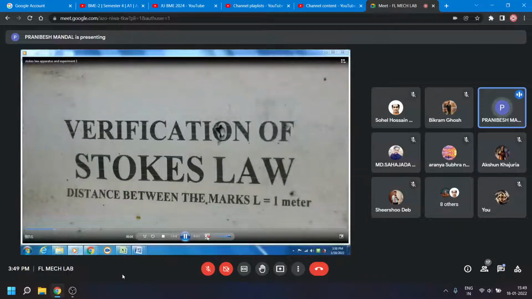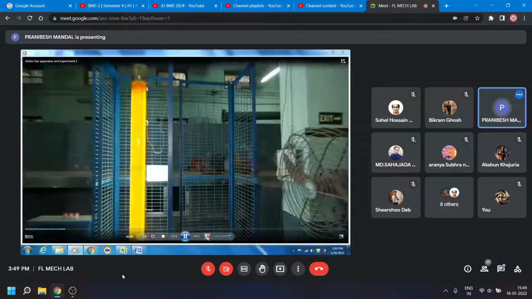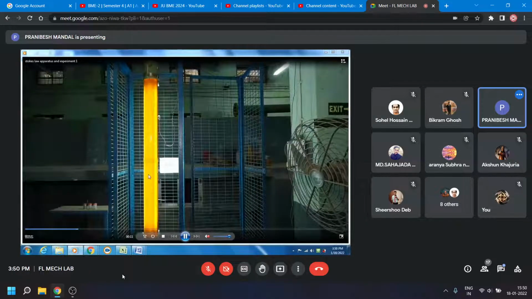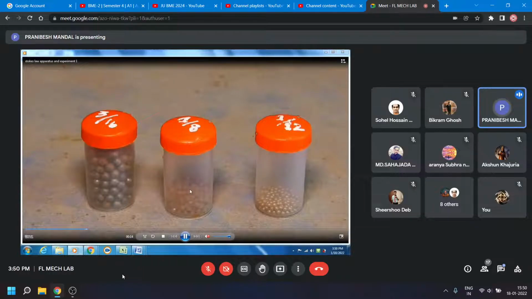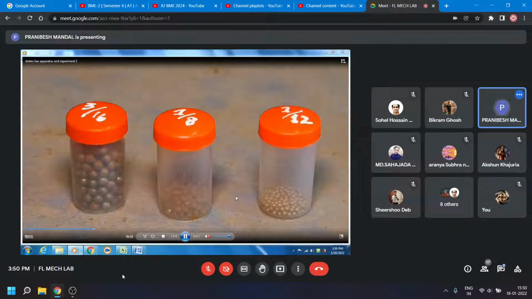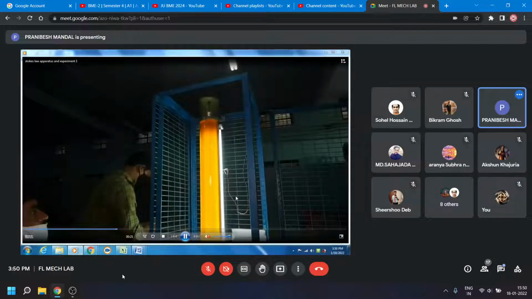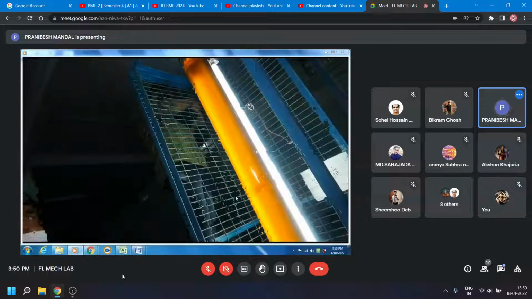So this is your verification of Stokes law apparatus, just a tube, and you have three different diameters of ball given in inch, 1/12 inch, ঠিক আছে? How is the experiment done?